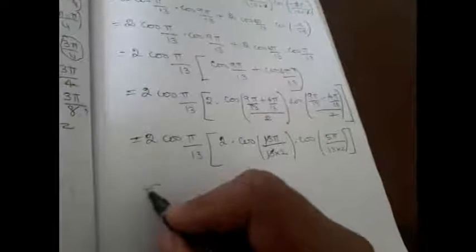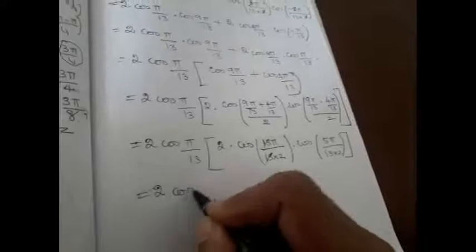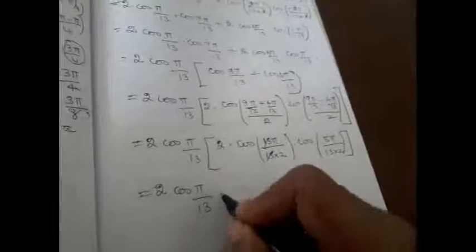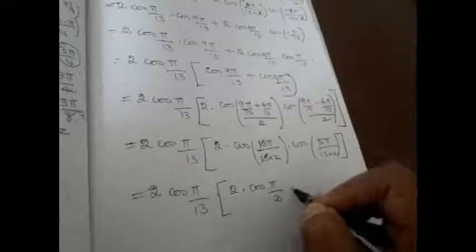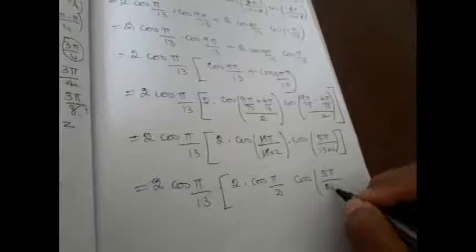Now 13 will get cancelled, so this will become 2 cos pi by 13 into 2 into cos pi by 2 into cos 5 pi by 26.